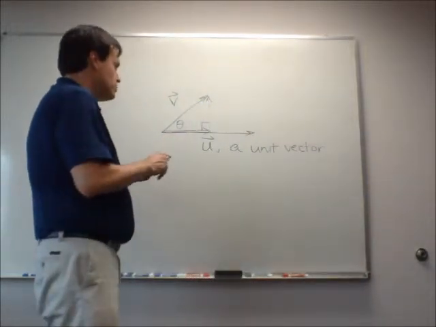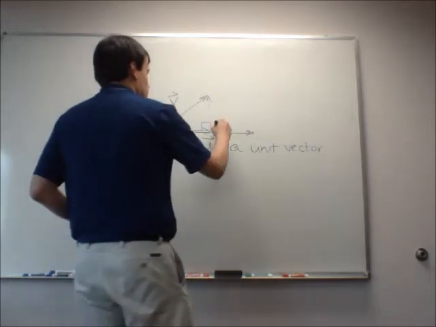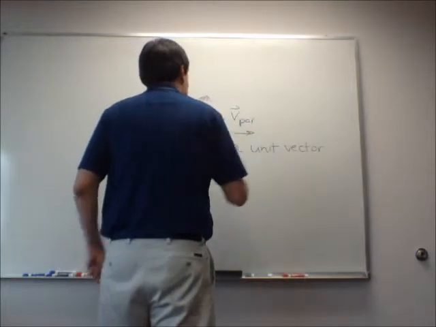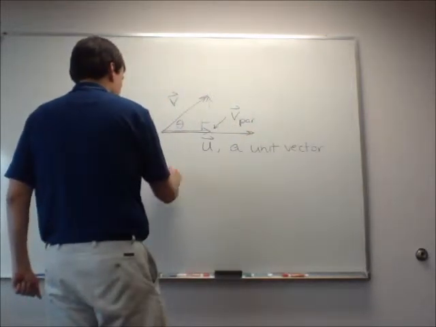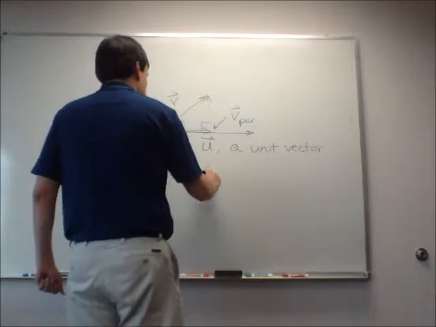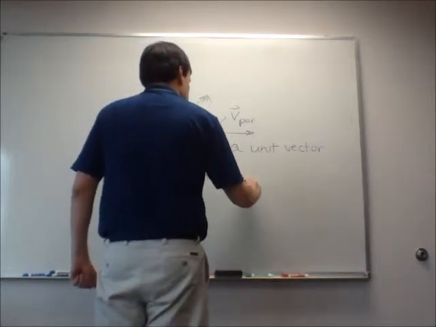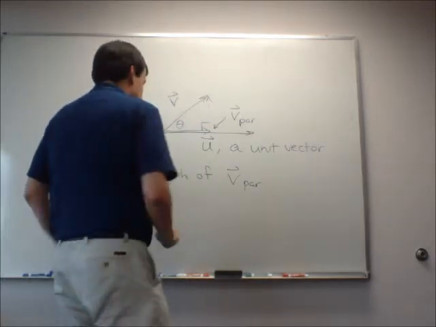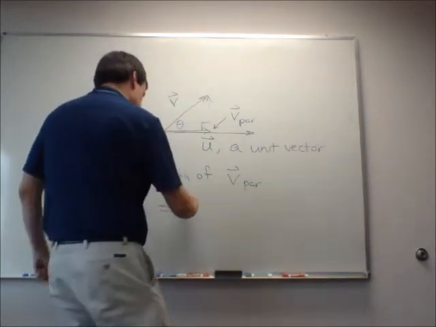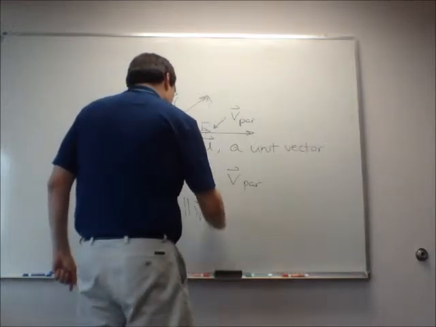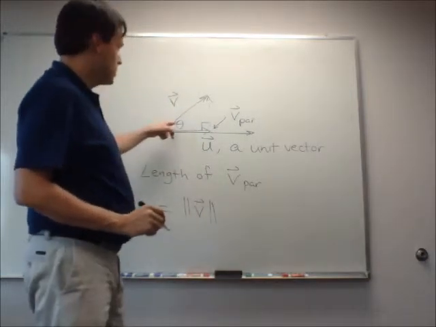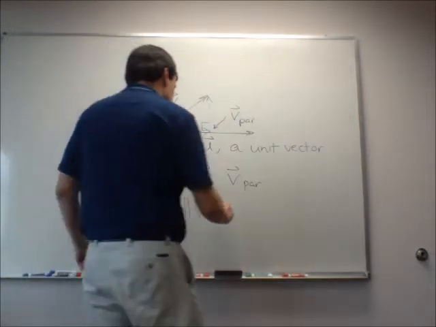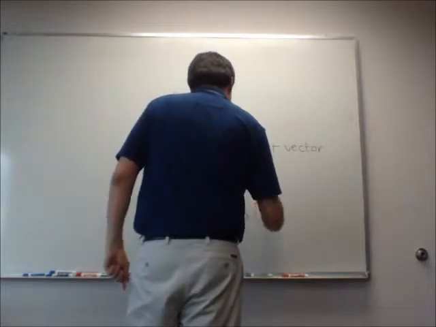Okay, well, the length of this blue vector, which is v parallel, that one there, the length of v parallel is going to be the length of v times the cosine of that angle, because I'm finding the leg of the triangle adjacent to theta. So it's |v| cosine theta.